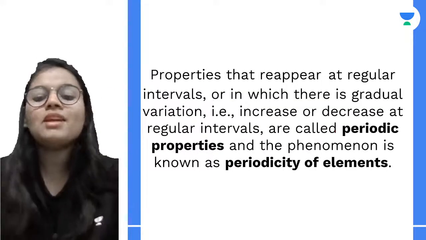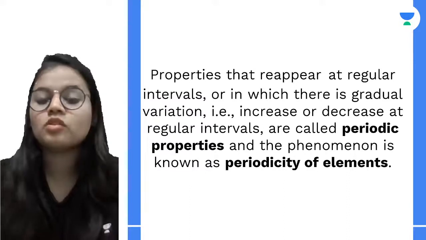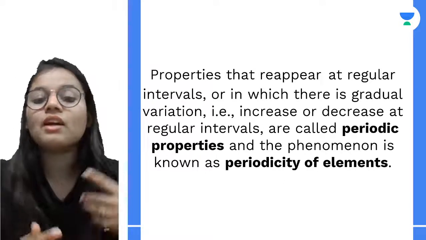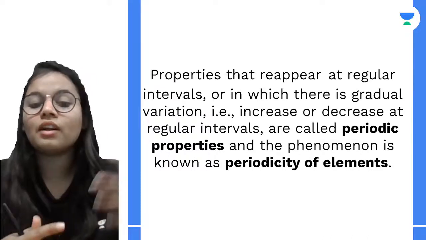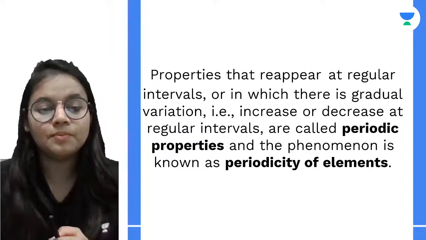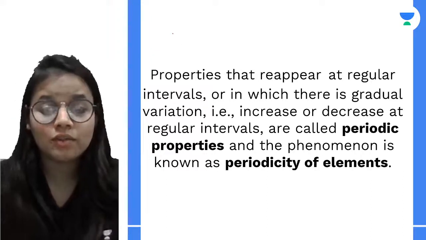Now, what do we mean by periodic properties? Periodic properties are those properties which appear after a regular interval, or in which we can see a gradual variation. What do we mean by gradual variation?